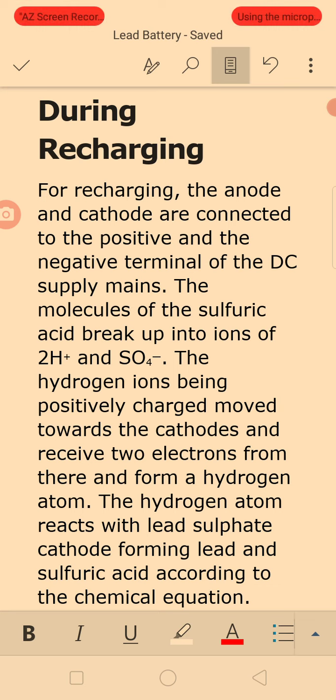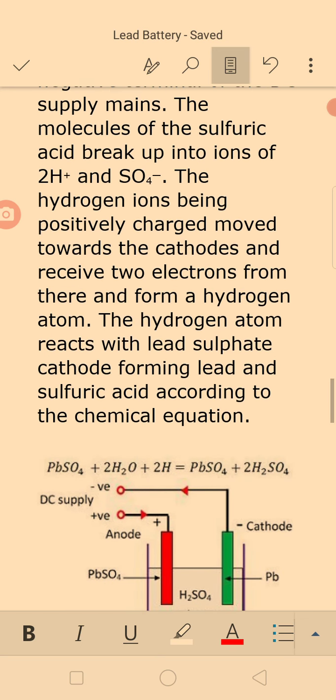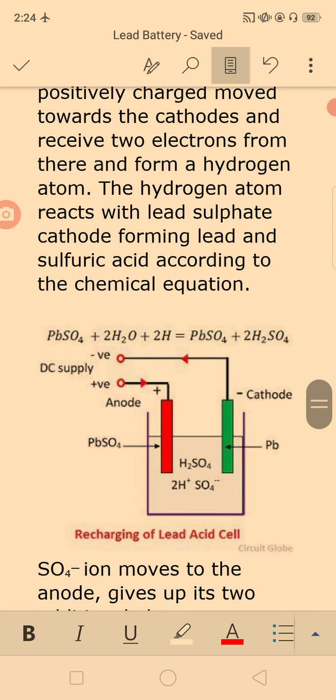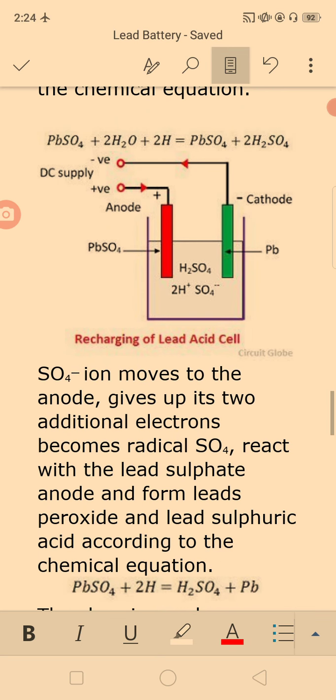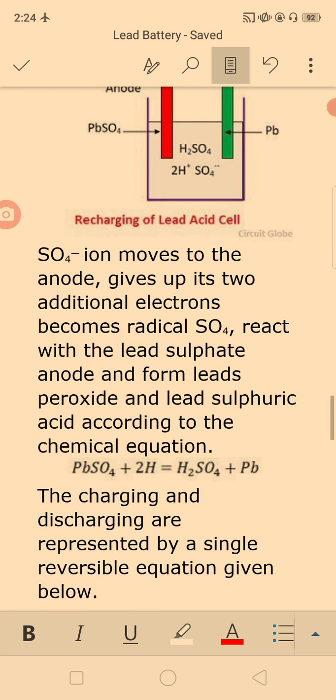Hydrogen ions react with the lead sulphate at the cathode, forming lead and sulfuric acid, according to the chemical equation. Similarly, sulphate ions move toward the anode and give up 2 electrons and become sulphate radicals, which react with lead sulphate at the anode and form lead peroxide and sulfuric acid, according to the chemical reaction given here.